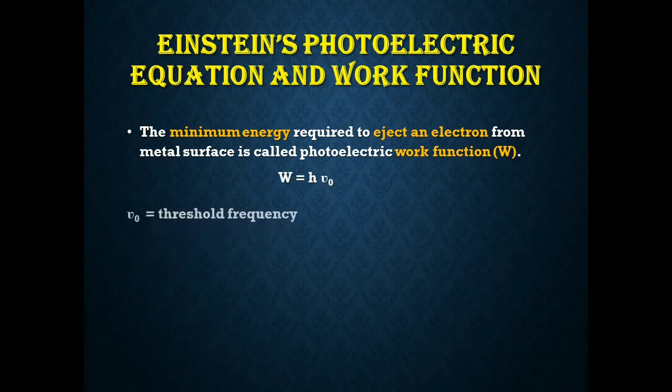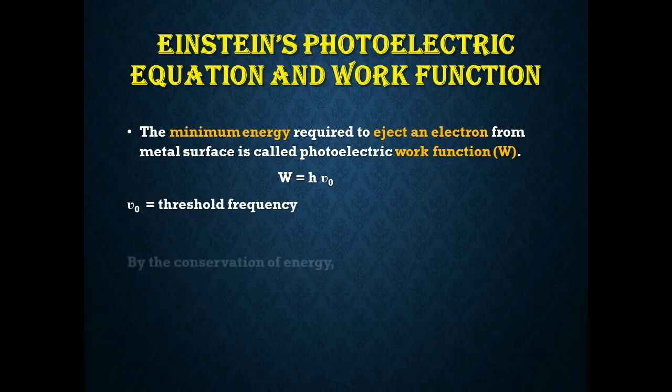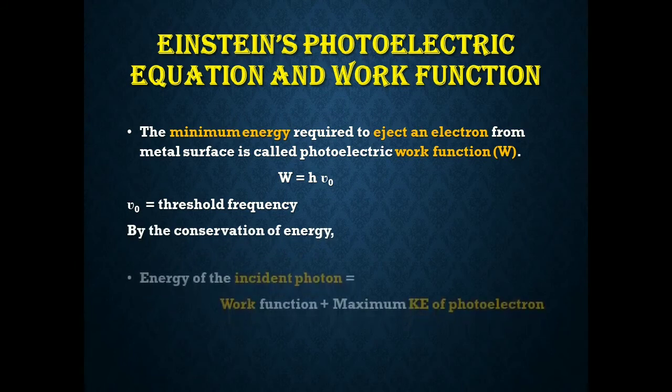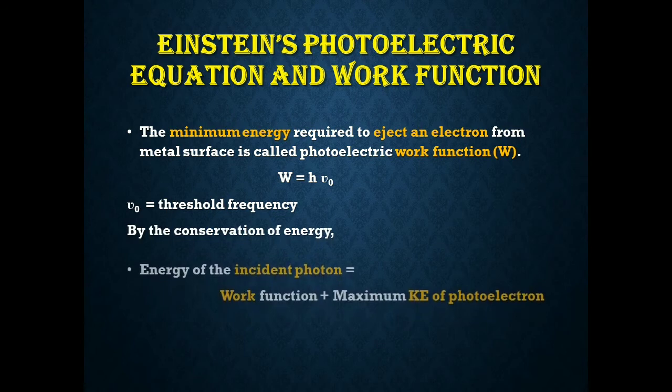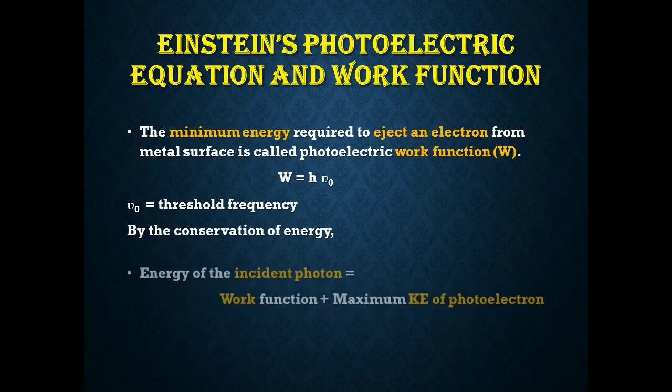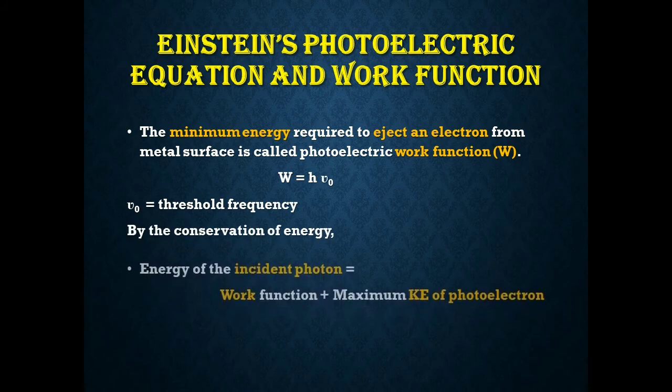Here W is the work function, h is the Planck constant, nu naught is the threshold frequency, that is the minimum energy. So by means of conservation of energy, how did he interlink it? He interlinked the entire concept in one statement. That means the energy of an incident photon equals the sum of the work function plus the kinetic energy.